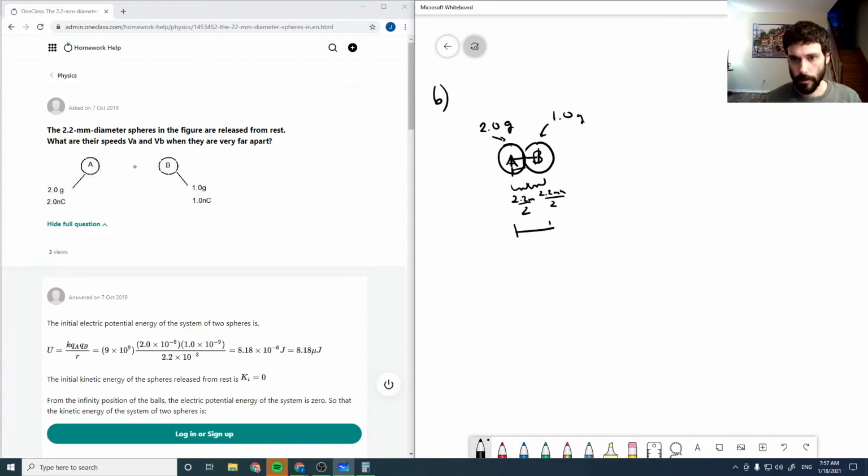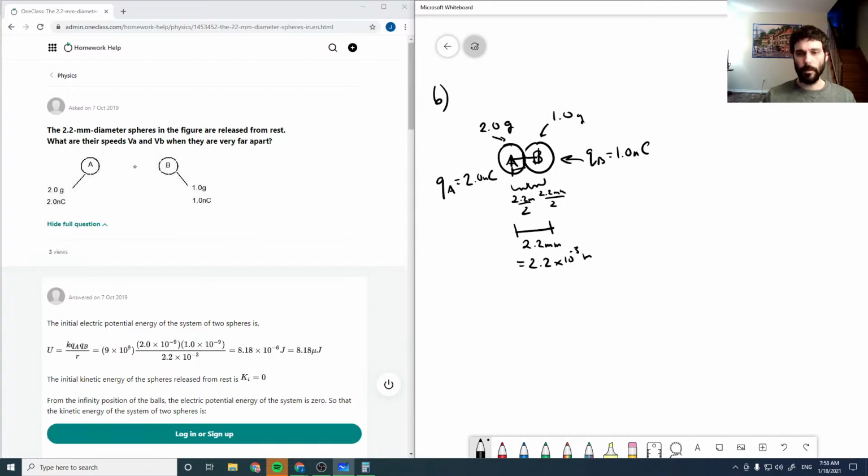So the distance between their centers is 2.2 millimeters, which is 2.2 times 10 to the minus 3 meters. The charge on this one is 2.0 nanocoulombs, and the charge on this one is 1.0 nanocoulomb. And it wants to know what their speeds are when they're very far apart.